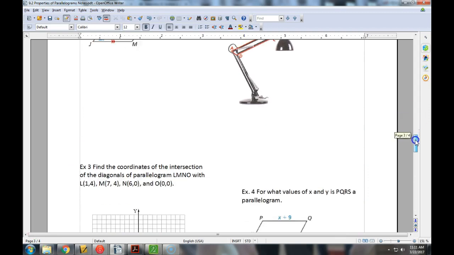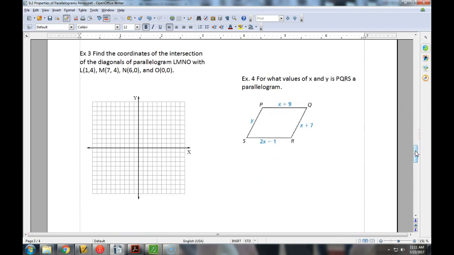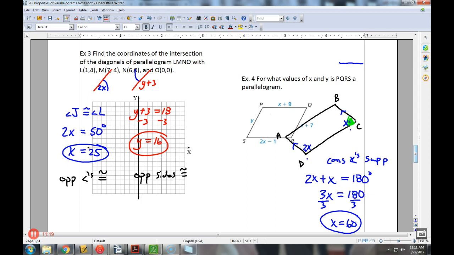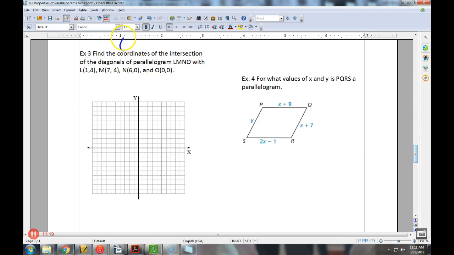All right, moving right on down. Find the coordinates. So this wants an ordered pair. Coordinates mean I've got to find an x, y. I've got to find the ordered pair of the intersection of the diagonals of LMNO. And so let's put these on here. So I have 1, 4.